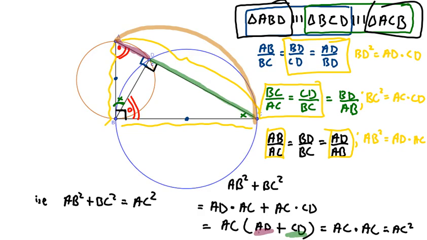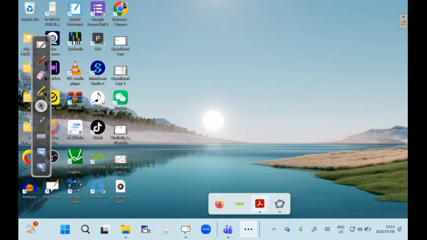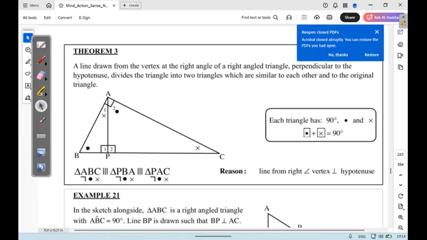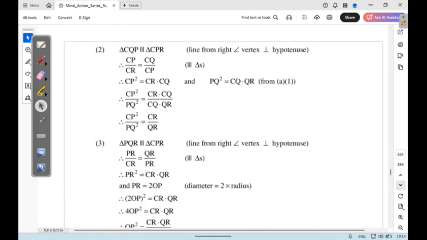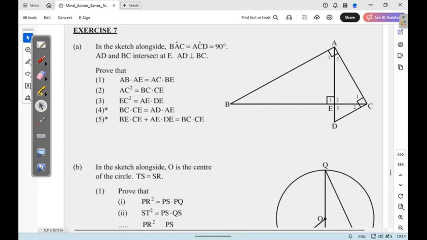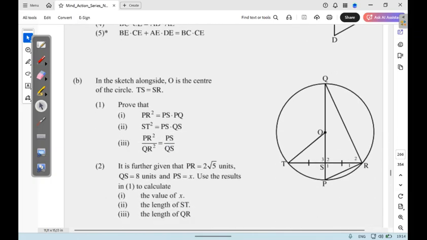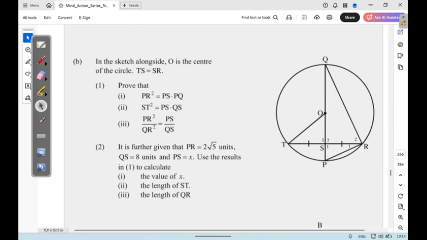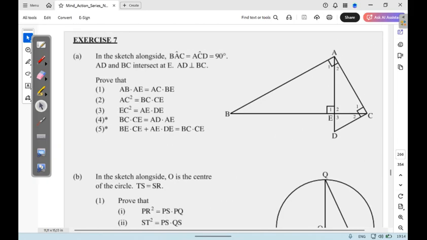I'm just gonna arrange that, and then your job is to just go and apply the theorem of Pythagoras. Okay, so I'm not gonna belabor this and make you do a whole lot of things, but all I will do is ask you to do this one proof for me.